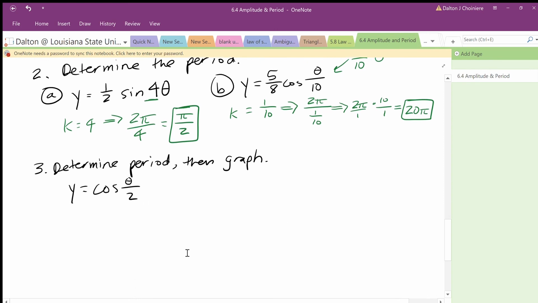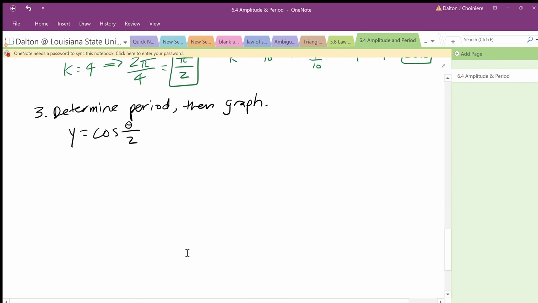We're going to determine the period first, just like we did with the examples above. So the first thing to do is determine what k is. Remember that theta over 2 can be rewritten as 1/2 theta, which means k is equal to 1/2.